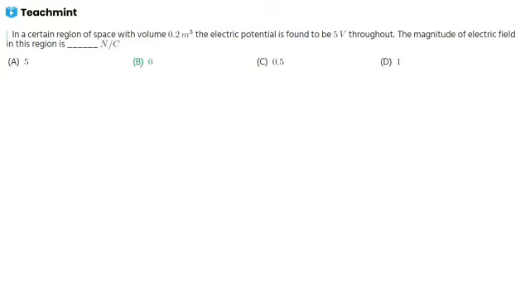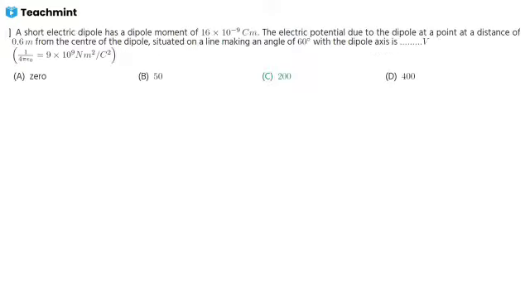concept. Okay, next. A short electric dipole has a dipole moment 16 into 10 power minus 9 coulomb meter. The electric potential due to the dipole at a point at a distance of 0.6 meter from the center of the dipole situated on a line making an angle of 60 degree.